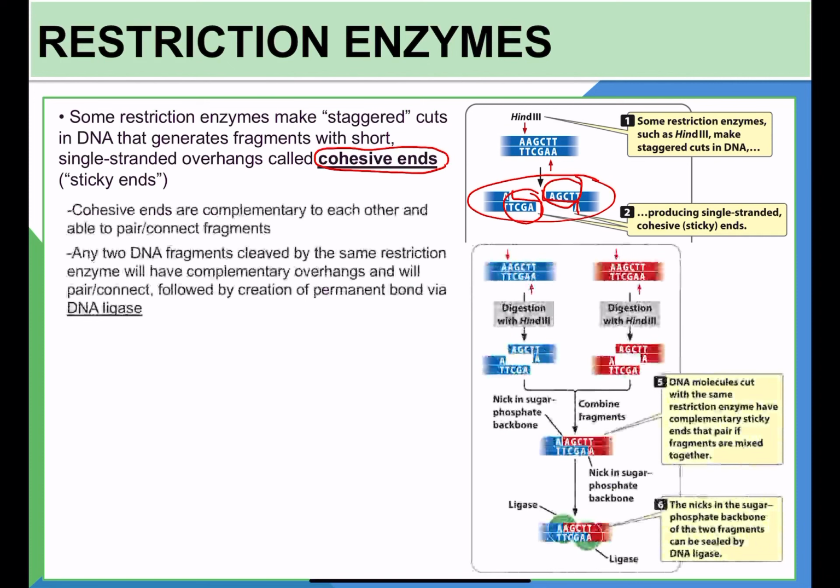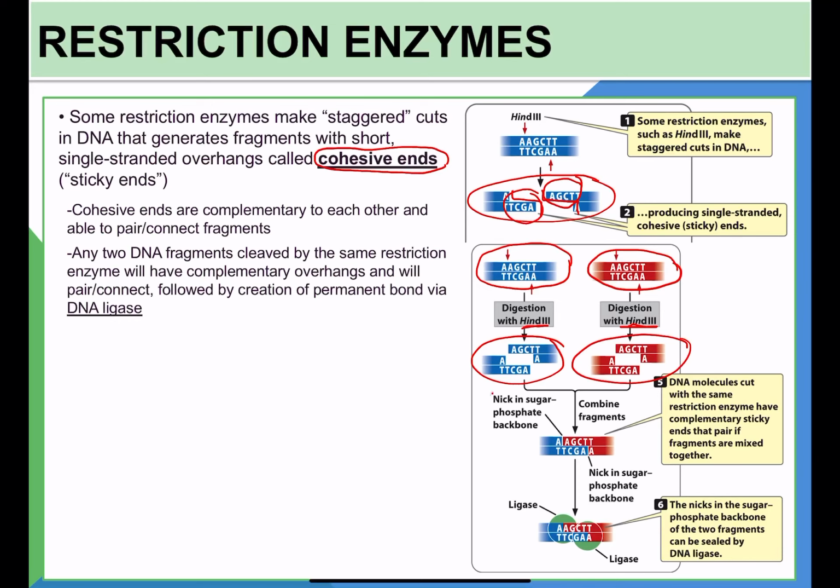So, for example, here's one sequence that you can cut with, let's say, HindIII, the restriction enzyme. Here's another sequence that you're going to cut with the same restriction enzyme, HindIII again. So now you have two different DNA sequences that both have that same HindIII cut site in that staggered cut.